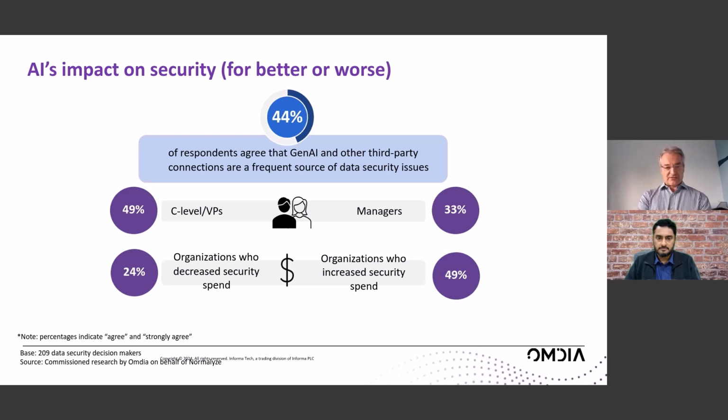And if we look at the next tier down, organizations who decreased spend are at 24%, perhaps understandably a little bit less than those organizations that have increased their security spend, with more tools, more processes, so potentially more impact.